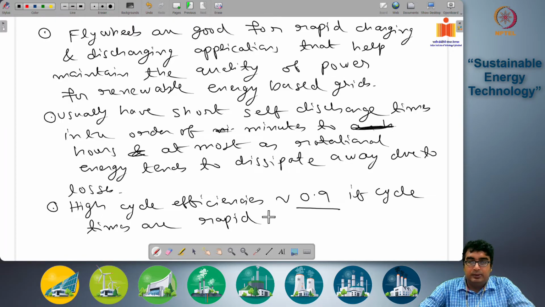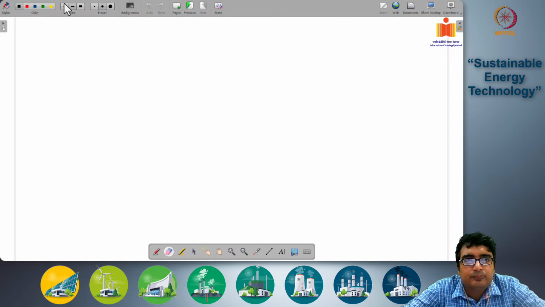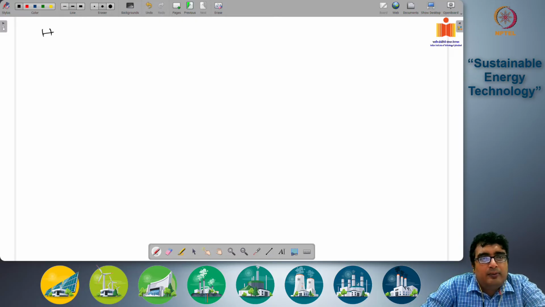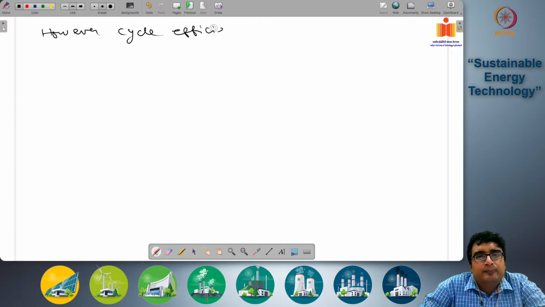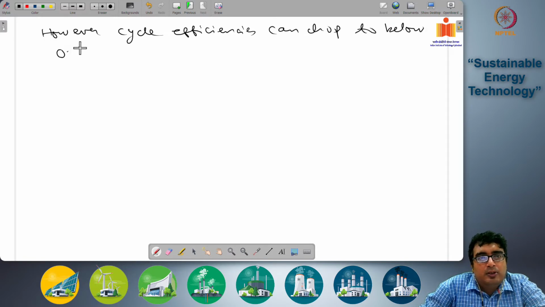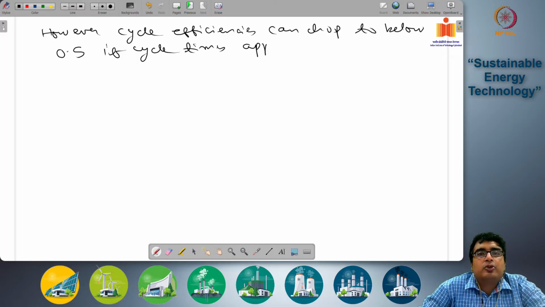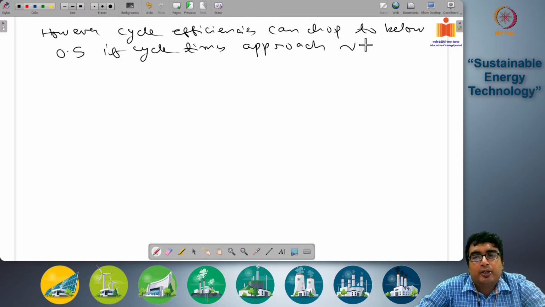So cycle times, however, cycle efficiencies can drop to below 0.5 if cycle times approach the order of 1 day.